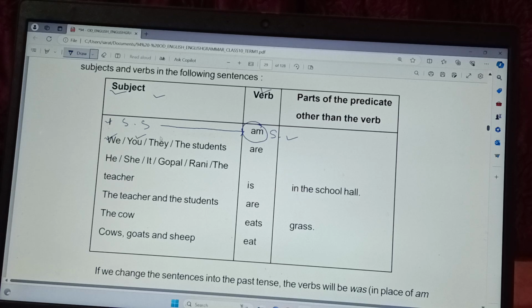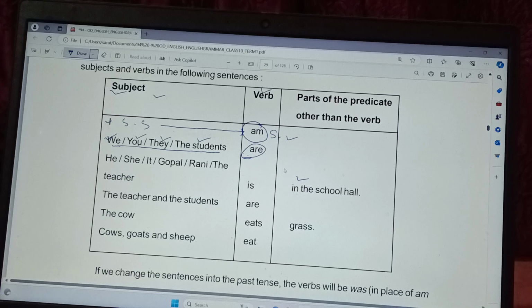We, you, they, the students. These are the plural subjects, students. So a plural subject agrees with the plural verb. We can say we are in the school hall.